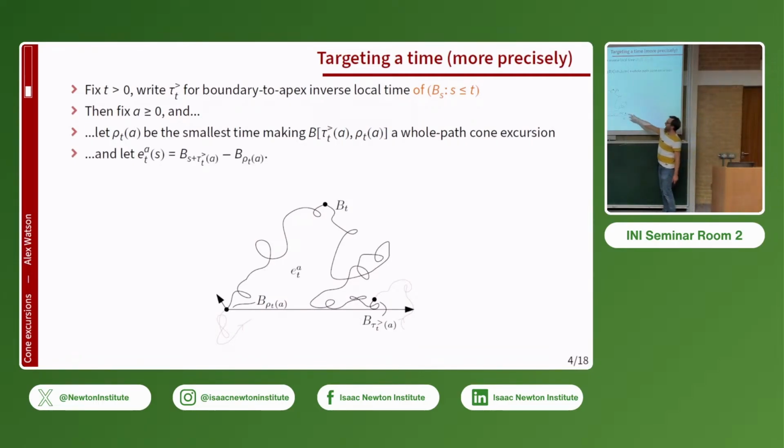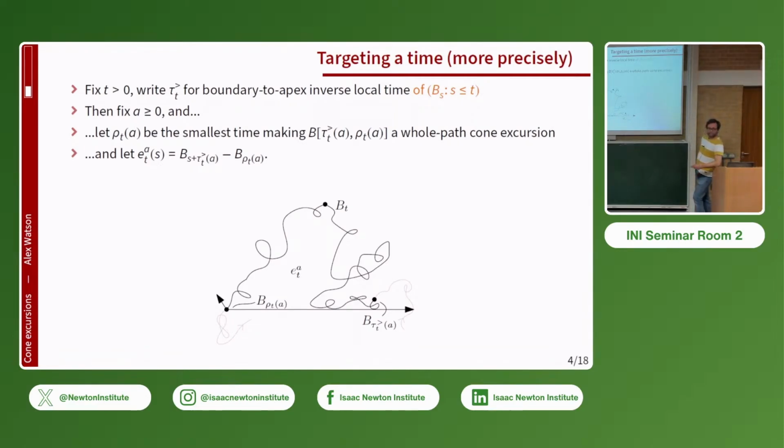And eta is the difference between these 2 points, right? The difference between the start point and the end point. So we're thinking here that we've got a cone with apex at the end of this path. And this here, this eta, is this whole path which forms an excursion ending at that apex, which lies along the Brownian path.